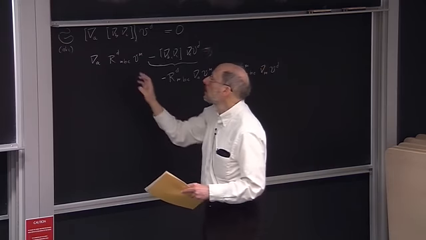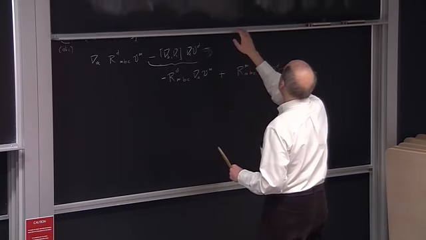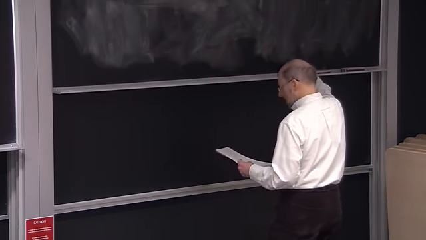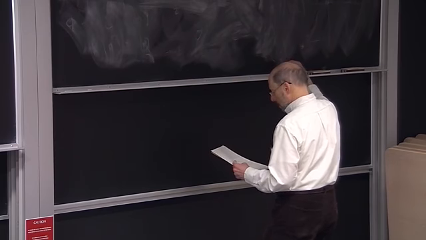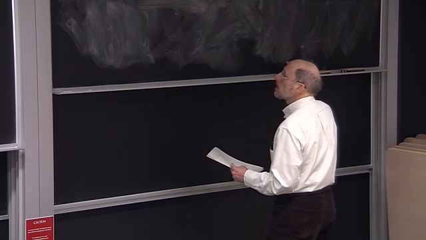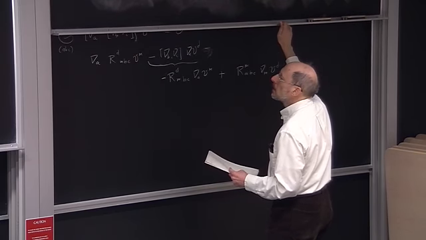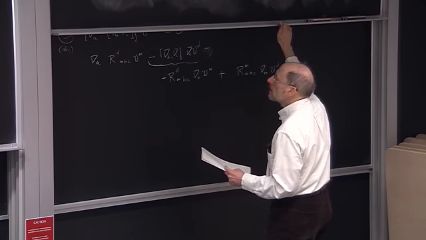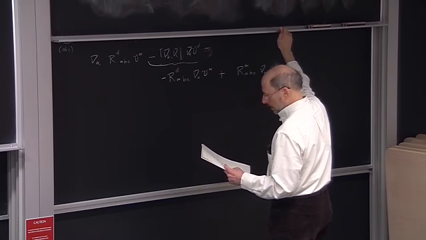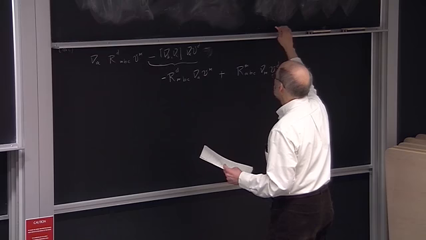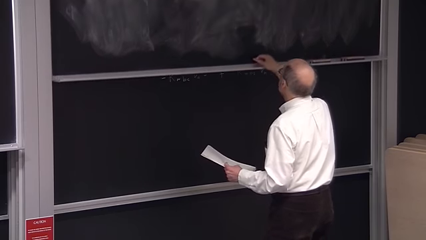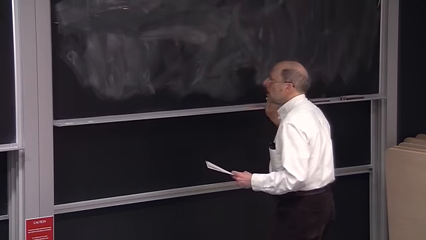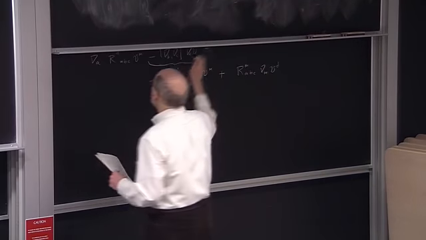When we totally anti-symmetrize in A and B, oh, maybe I should expand. No, we have to keep this for now. I guess I have to, let me write this out too. So this will give two terms.